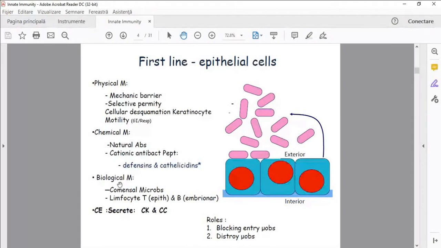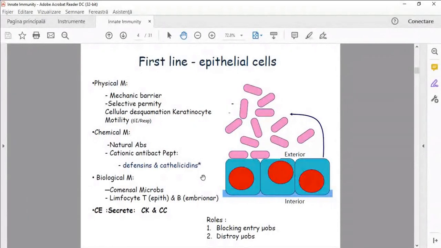What else do we have? Endothelial cells, in some conditions, cytokines and chemokines. These are very small peptides, which act as messengers. For example, cytokines transmit some messages related to the function of the nearby cells or the cells at a distance, and chemokines usually act as chemoattractants for some cells in particular conditions when they are activated.